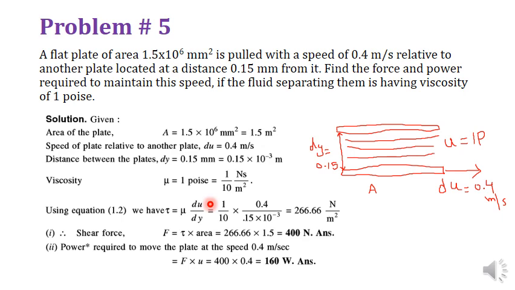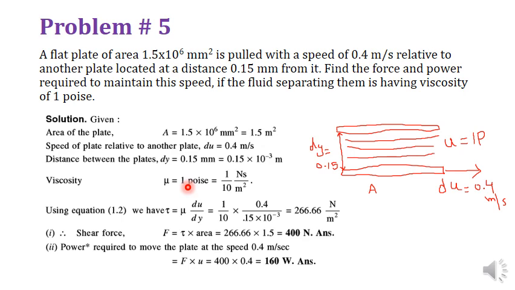Now with this equation, tau is equal to mu du over dy, your input data is the viscosity and the velocity gradient. On the left-hand side, tau is unknown. So first of all you need to determine this shear stress by your equation of dynamic viscosity, and then from the shear stress you can calculate the force if the area is known to you.